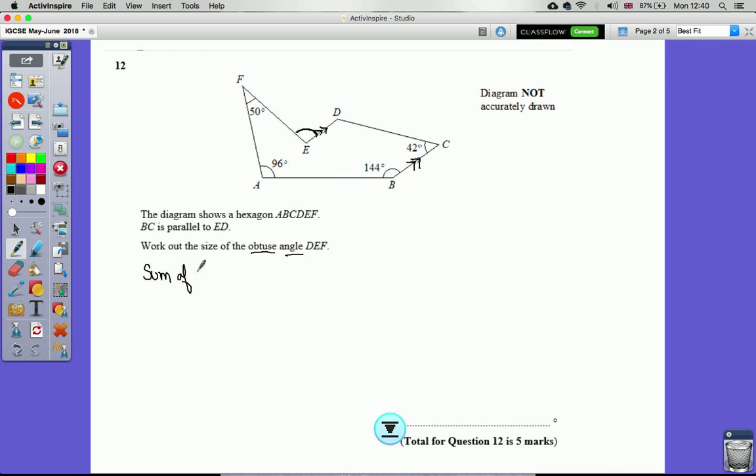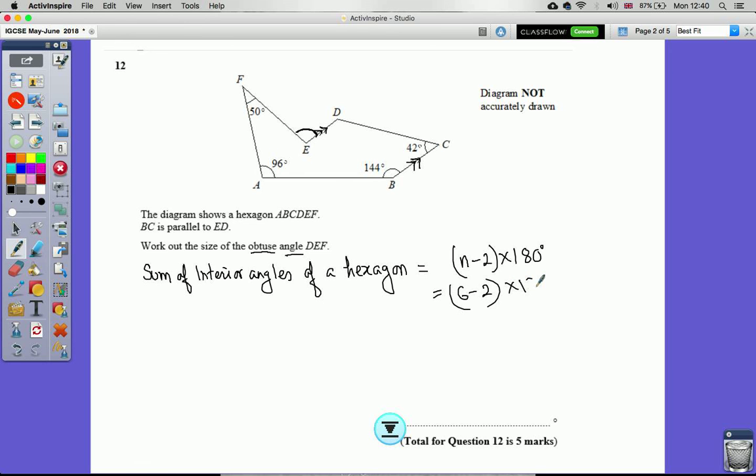The sum of interior angles of a hexagon is number of sides minus 2 times 180, where the number of sides is 6, so 6 minus 2 times 180 gives you 720 degrees. Now, we are aware of 1, 2, 3, 4 angles.